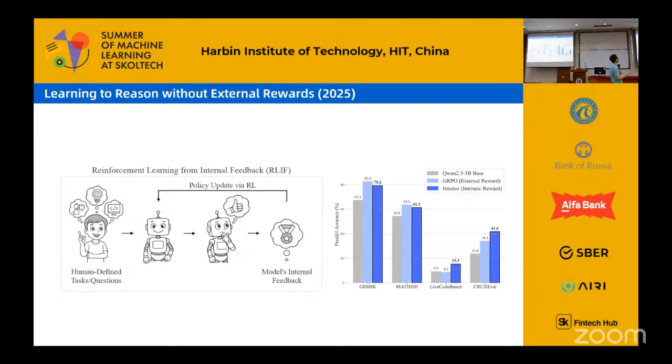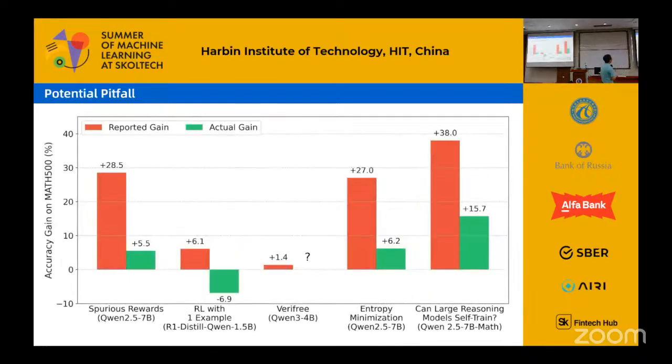So this is self-reinforcement, using just the internal reward signal. Okay. Here we mentioned the potential pitfall because in the past two or three months, there have been many papers studying how to define reward signals.